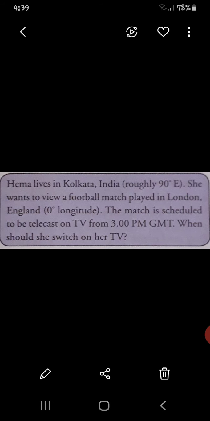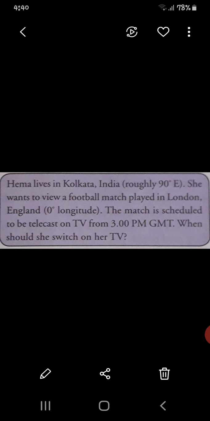So children, you have a small homework here. Hema lives in Kolkata. Kolkata is in India, roughly at 90° east. She wants to view a football match played in London. Where is London? That is in England, 0° longitude.